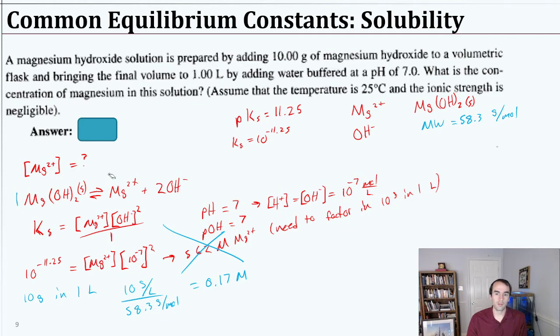And the other stuff that I did was really only relevant to double check that we were below the absolute limit. So what I'll say here is this is the solubility limit.